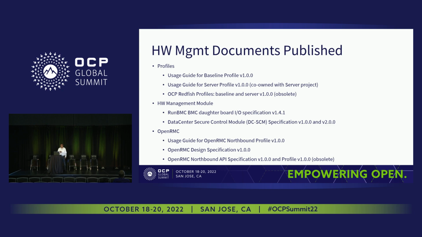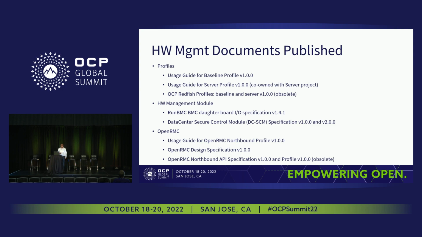And other projects can do the same thing. I want to mention, we have now moved to this usage guide for all the profile specs. What used to be published previously as the profile specification is obsolete. So those who were familiar with what was published before, I just want to mention that. So that's on the profile side.